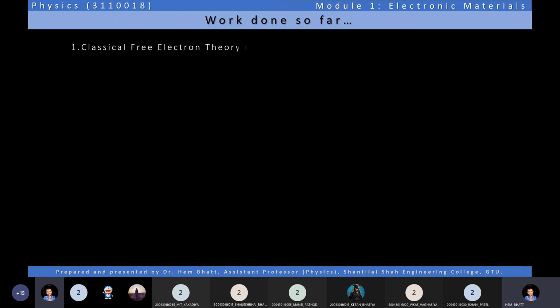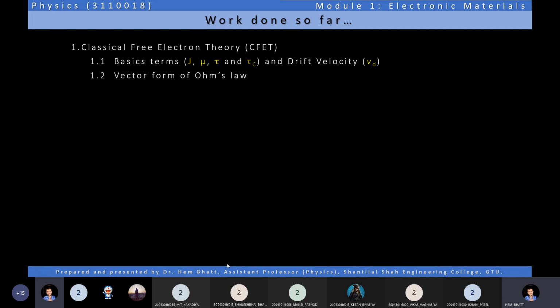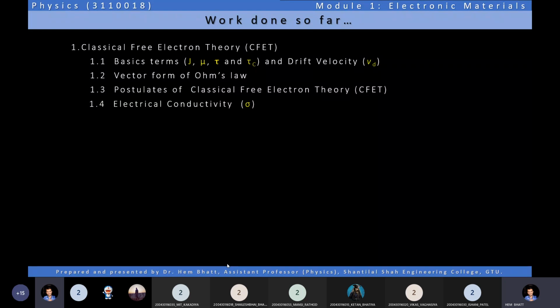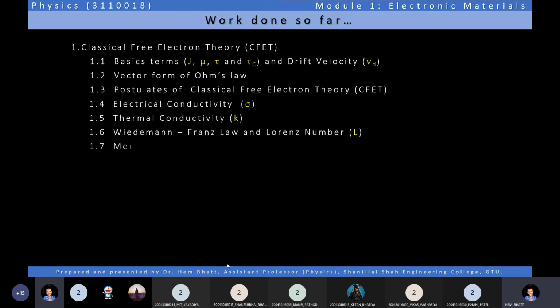We started with classical free electron theory, and in that also we started with some very basic topics like current density, mobility, relaxation time, collision time, and then the vector form of Ohm's law. Then we entered the postulate part of classical free electron theory. We had some derivations based on its postulates.